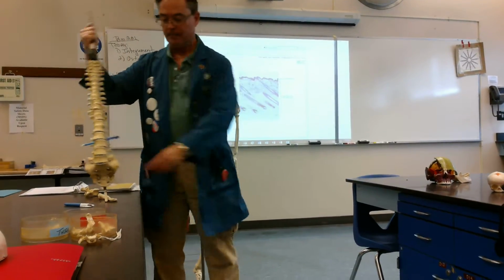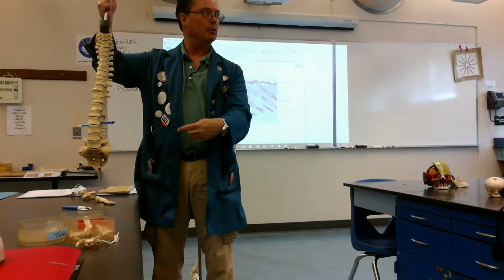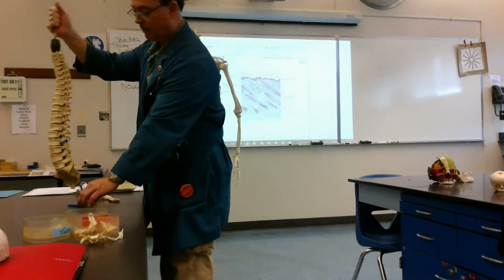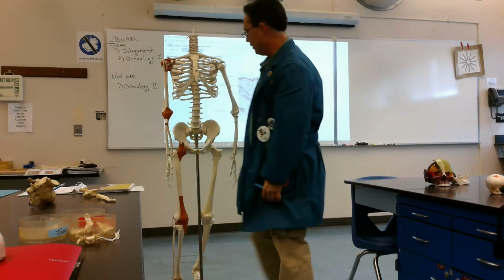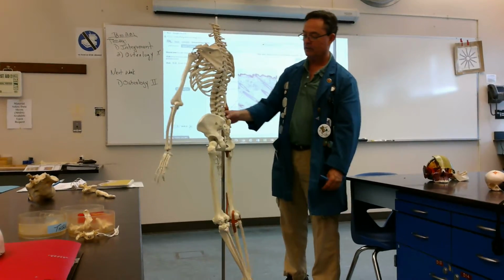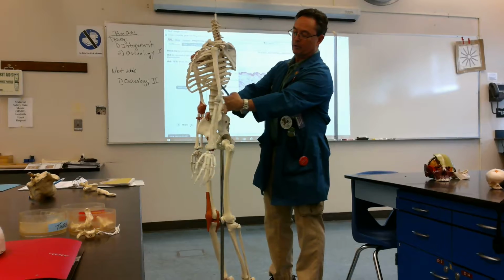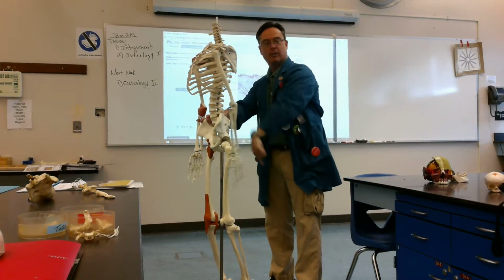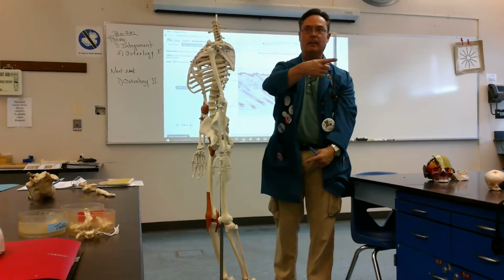Right? That's called the intervertebral foramen because it's between the vertebrae. And you can see it on this one right here too, very close. You can see the intervertebral foramen. The vertebral foramen goes this way, the intervertebral goes that way. Okay?